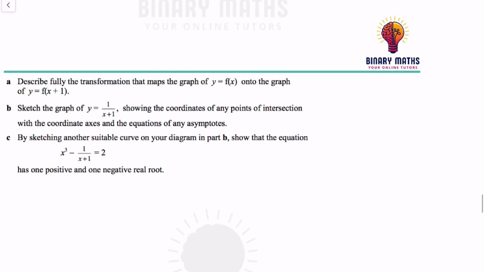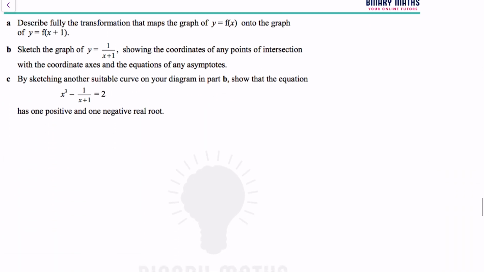Okay. Next one. Describe fully the transformation that maps the graph of y equals f of x onto the graph y is equal to f of x plus 1. It's a translation in the x direction by negative 1.